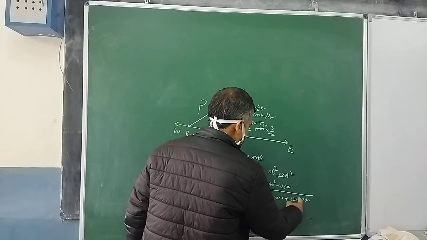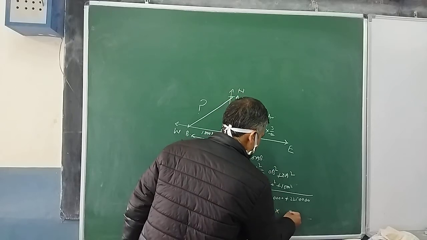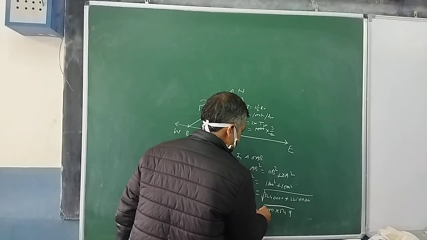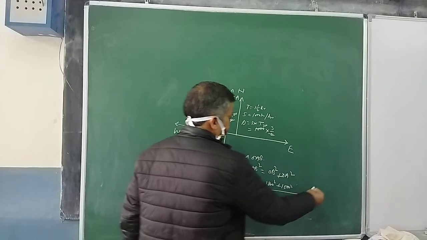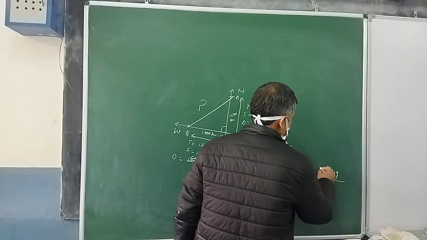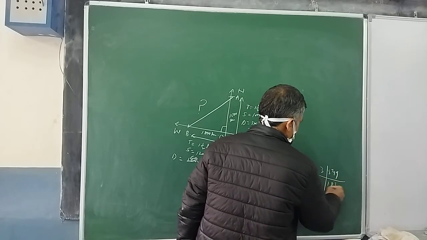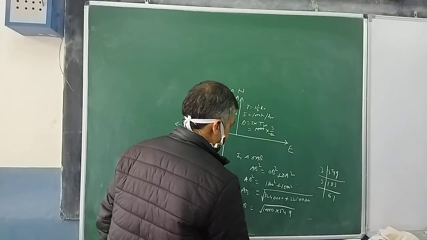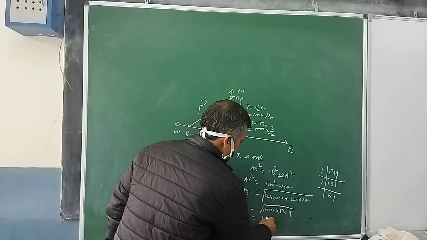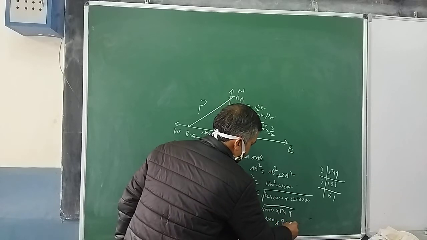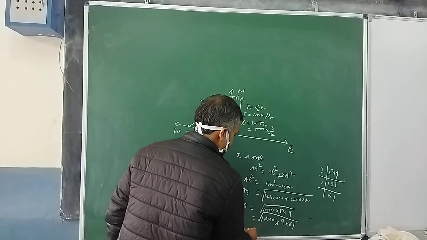Inside the bracket 324 plus 225 will give you 549 under the root. Now 549 you can check simultaneously. So further, 10,000 into 9 into 61 under the root.